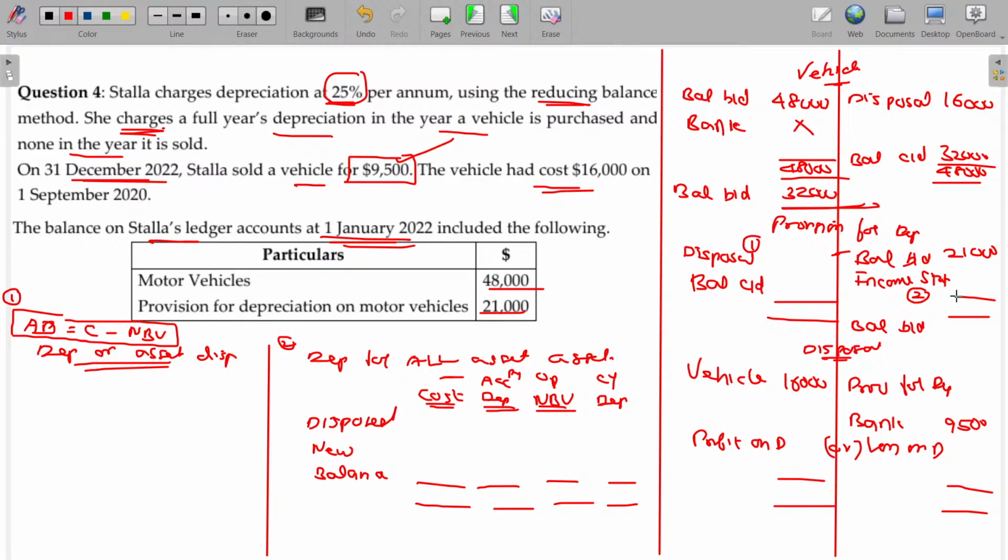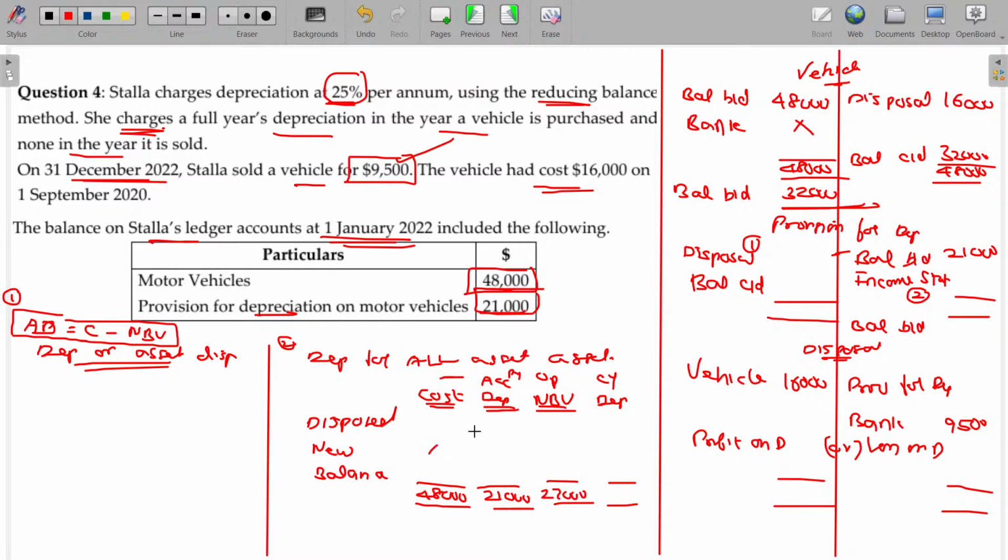In this case, I have to calculate the rest. What about the opening value? 48,000 for all the assets. Provision for depreciation being 21,000 up to the previous year end, and opening net book value being 27,000 net of this.